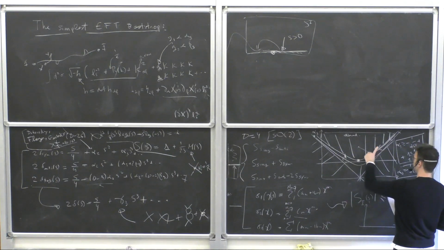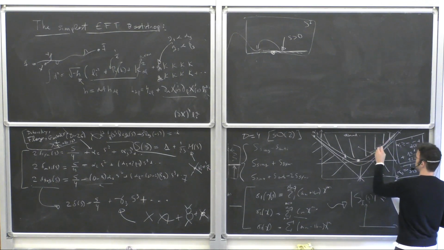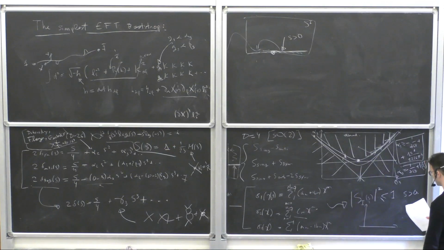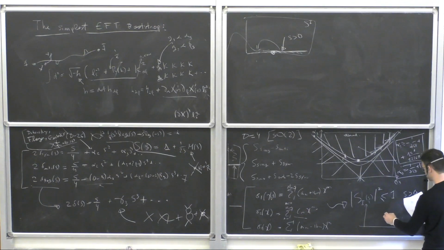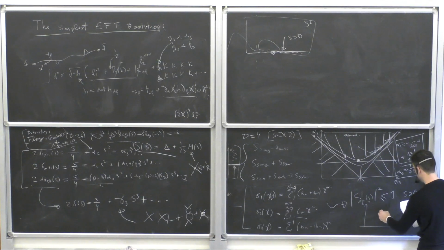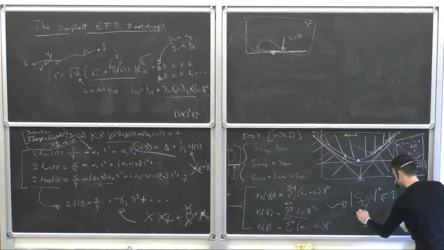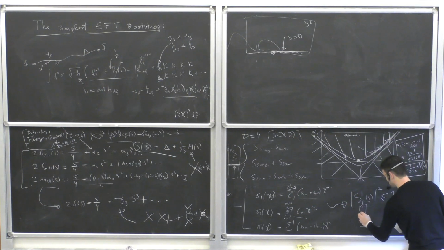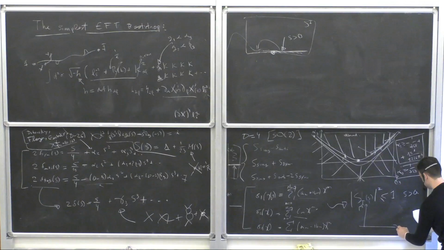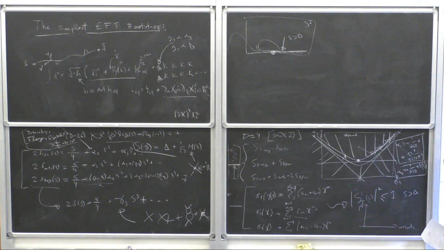Actually, let's put the arrows in the other direction. I'm moving in the boundary. And what you observe is that this resonance has a behavior like this. So this is the coupling or the width, okay? And this is its mass in the antisymmetric channel, okay?